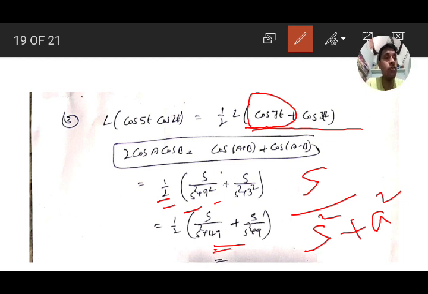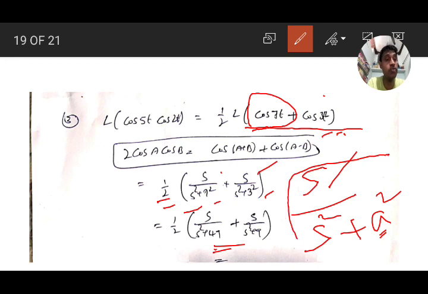Next, cos of 3t means a equal to 3, so s by s square plus 3 square. Understand? 3 square means 9, so s by s square plus 9. So 1 by 2 into s by s square plus 49 and s by s square plus 9.